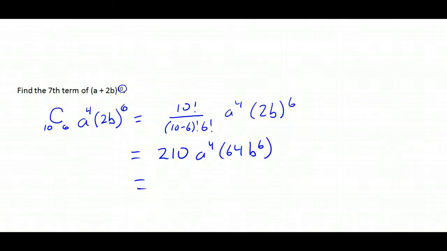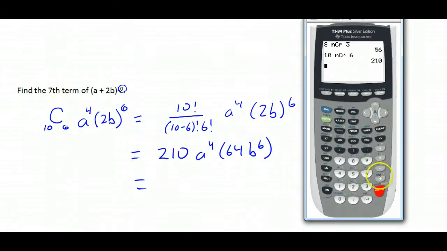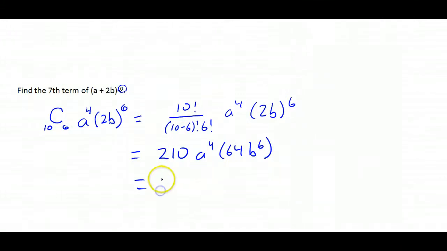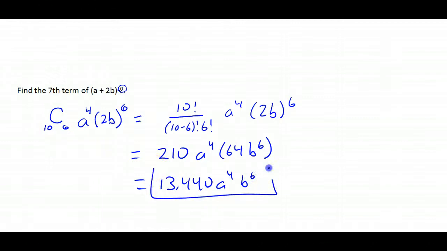Let's multiply out 210 times 64, and we get 13,440. That's our coefficient for that expansion, a to the 4th, b to the 6th. That is the 7th term of a plus 2b raised to the 10th power.